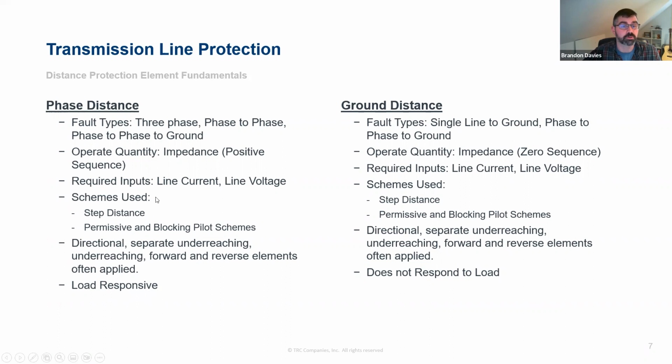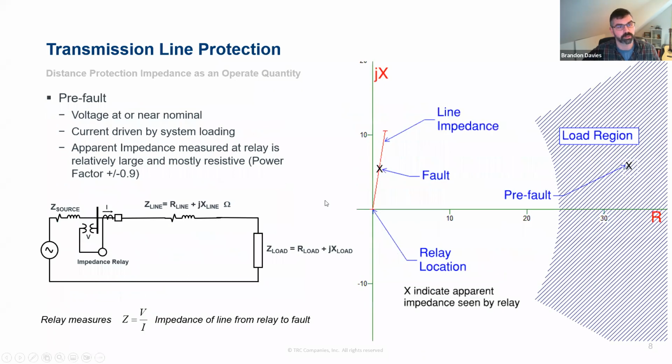So you're measuring positive sequence impedance. So there is an impedance that you'd measure that could operate for a load. So you have to be understanding of that when you're applying phase distance protection. We'll talk a little bit about how we can get around that if we need to later today or early on the next class.